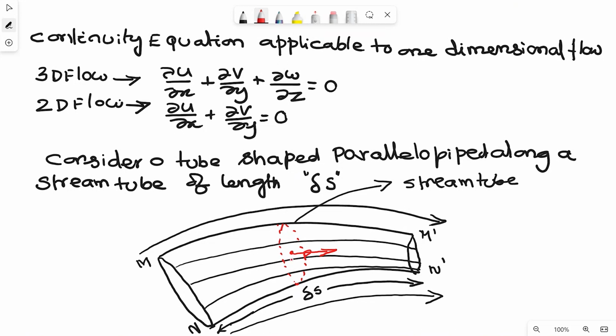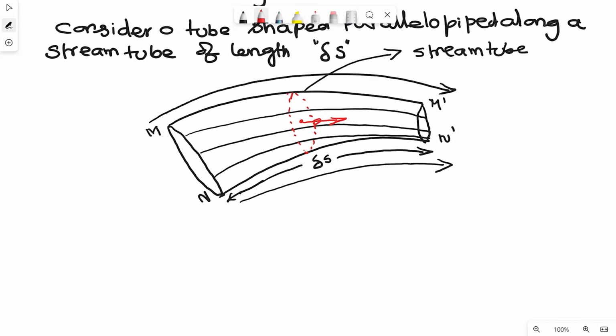If I find the mass of fluid flowing through the center of the stream tube at P, then naturally I can calculate the mass of fluid entering through MN and the mass of fluid leaving through M dash N dash, and then finally I can derive the equation.